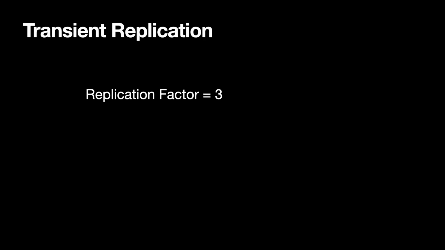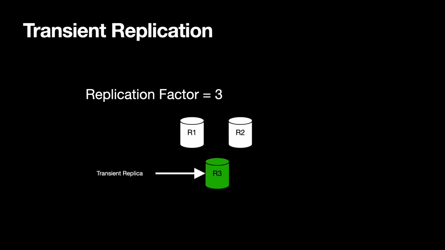With transient replication, we can actually reduce this cost. For example, with transient replication and the same replication factor, you have replica 1 and replica 2, which are full replicas, while replica 3 is a transient replica, which is only going to store the unrepaired data, while R1 and R2 are going to store the fully repaired data.